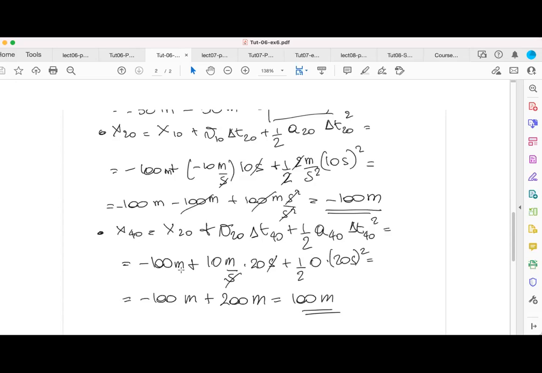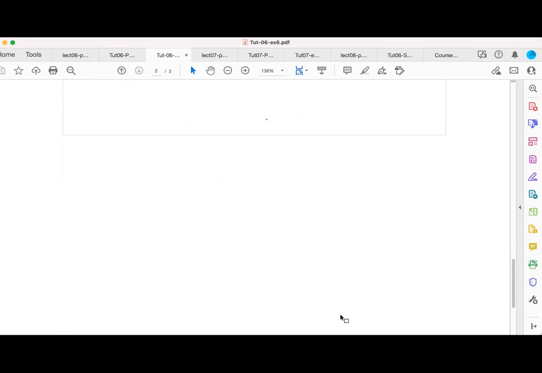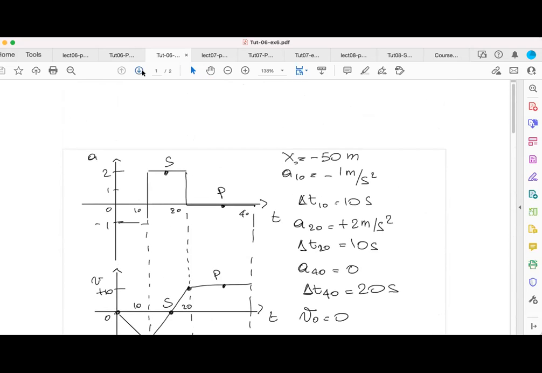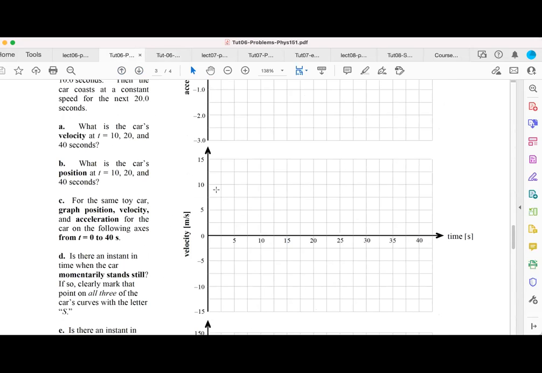So we have minus 100 meters plus the velocity here, which was 10 meters per second, multiplied by 20 seconds, plus 1/2. The acceleration on this last part, remember, the velocity was constant, so the acceleration was 0. So this part here goes away automatically. So we have minus 100 meters plus 200 meters equal to 100 meters. And this was pretty much what was asked in this first part.